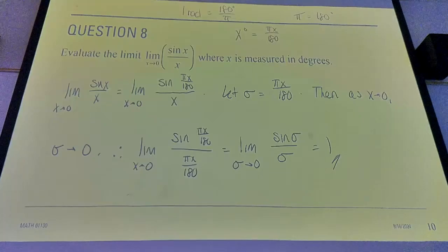Still using that sigma. I converted both x's when I should have only converted the one in sine. So there's actually not a lot I have to change.